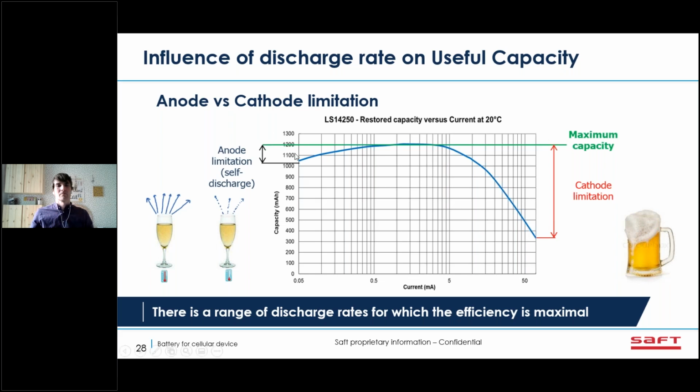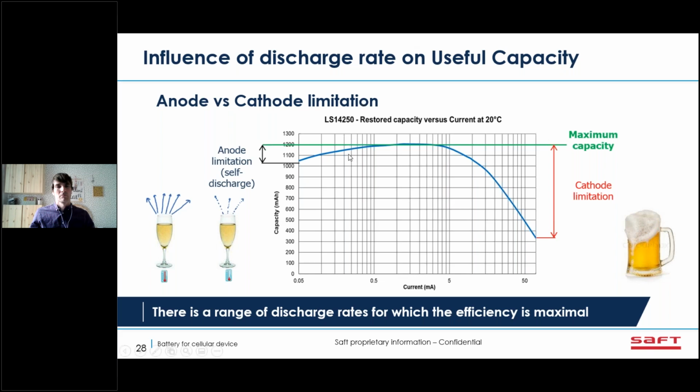This kind of graphic is extremely important when you want to compare one manufacturer to another. Every time, first have a look at the minimum discharge rate shown in the datasheet. If there is no discharge data lower than 1 milliamp continuous discharge current, normally it's quite strange.